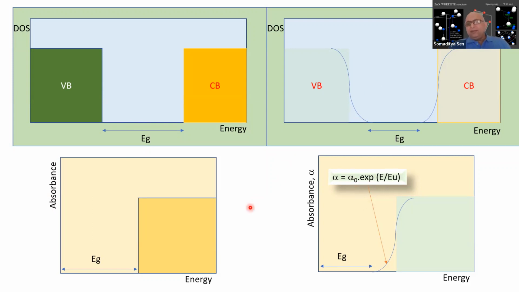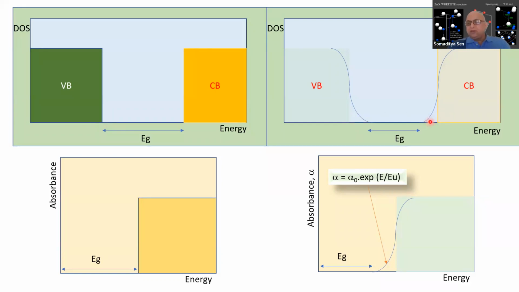But in real materials, it is not like that. There are defects in the crystal, and that gives rise to some states which happen to be beyond this point. I hope you can see my screen properly. The valence band was supposed to end up to here, but there are states beyond this point.